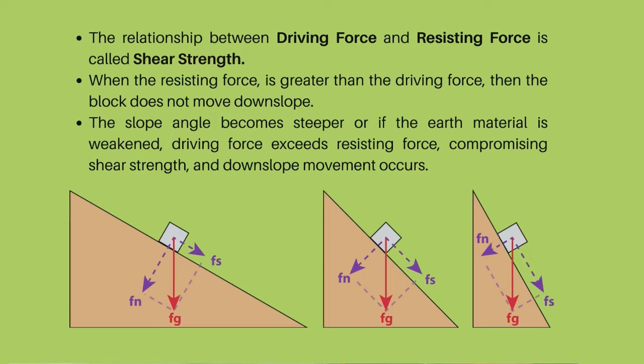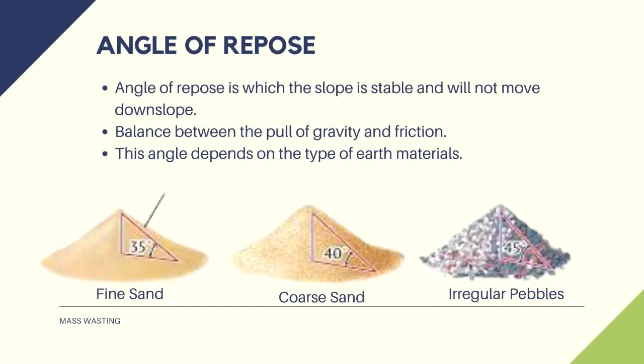In this figure, the force vectors change as the slope angle increases. The gravitational force doesn't change, but the shear force or driving force increases while the normal force or resisting force decreases. So that is how the force of gravity plays a part in mass wasting.